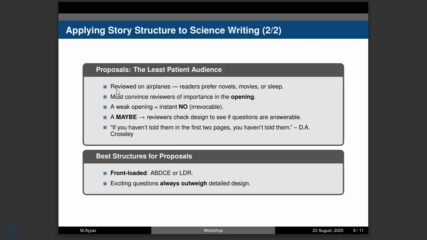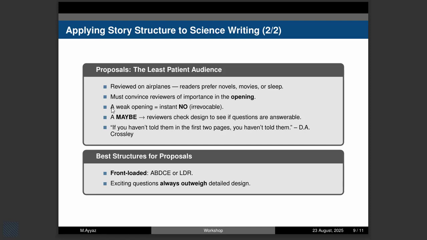So, in order to hook these reviewers, we have to write our research proposal in the most exciting way. So we have to engage the reviewer who is reviewing our research proposal in the opening, and our opening should discuss the action that we are taking with the research proposal in a very exciting way.